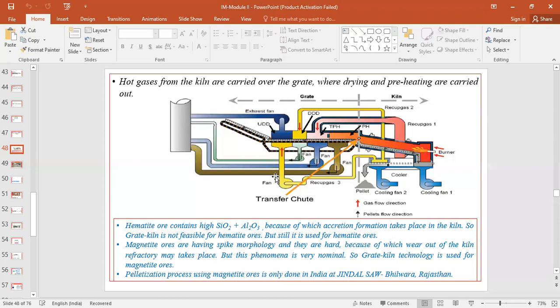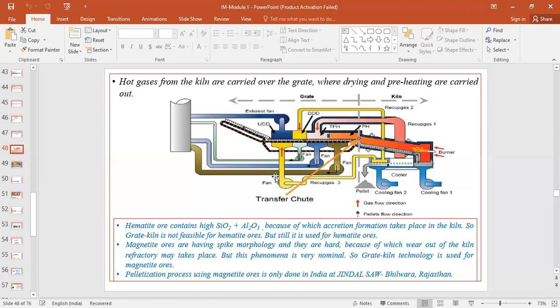If you see, the magnetite ores basically have a spike morphology, and they are also very hard. So because of that, there is a possibility of wear out of the kiln refractory. But this wear out phenomenon is very nominal. That's why, wherever we are using magnetite kind of ores for the preparation of pellets, there especially we use the Grate-kiln technology.